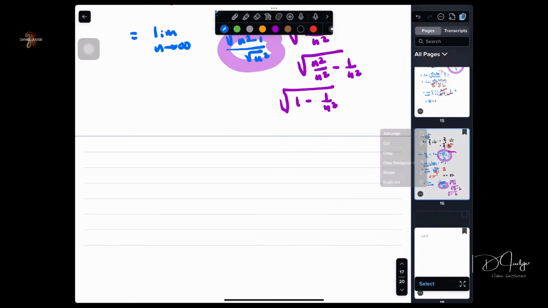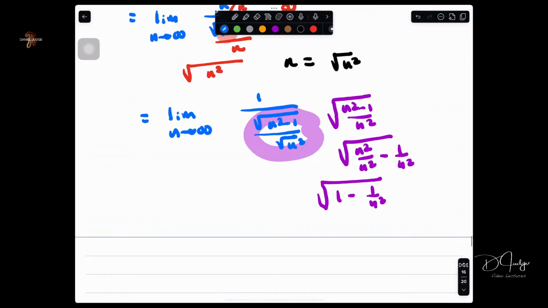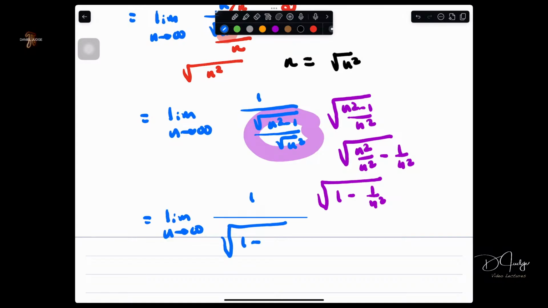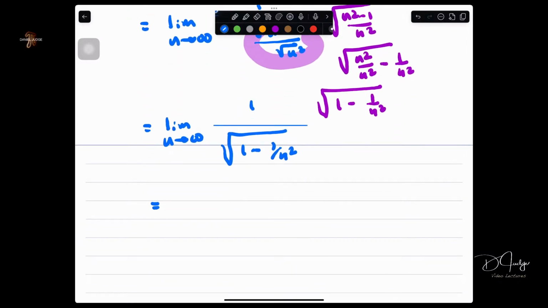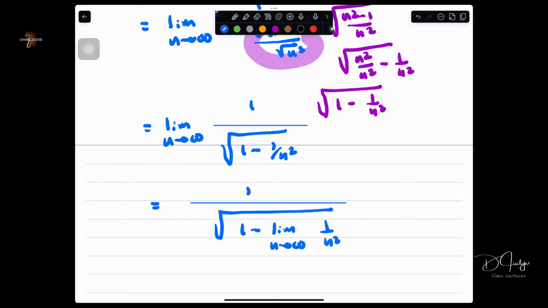So take a look at this. This is using algebra. That's the limit as n goes to infinity of 1 over the square root of 1 minus 1 over n squared. Now, by properties of limits, I get 1 over the square root of 1 minus the limit as n goes to infinity of 1 over n squared.